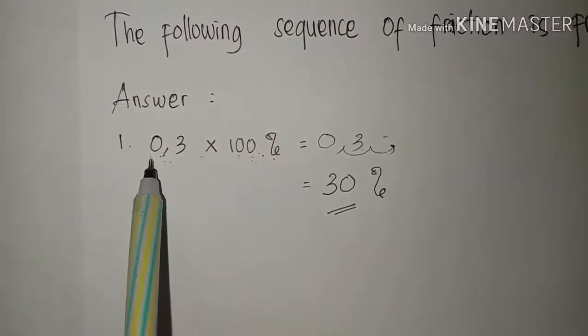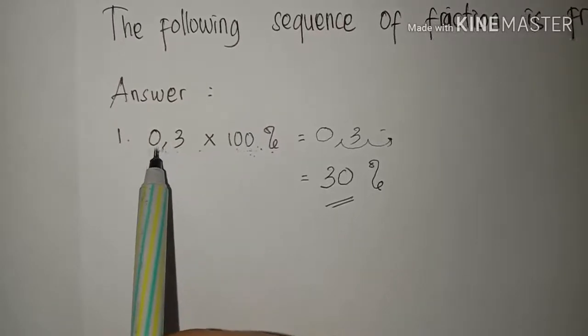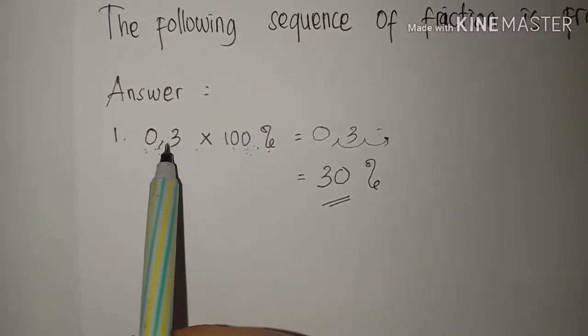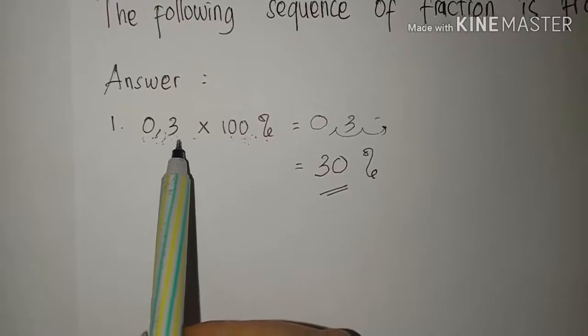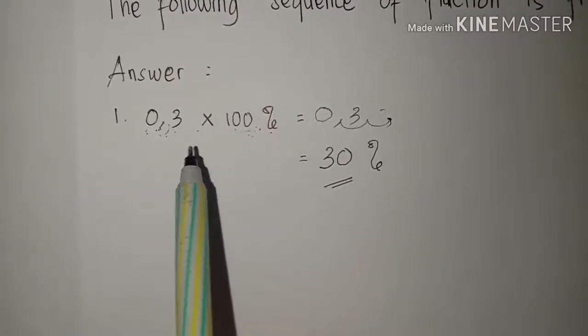So for 0.3, the point can move backward 2 times.